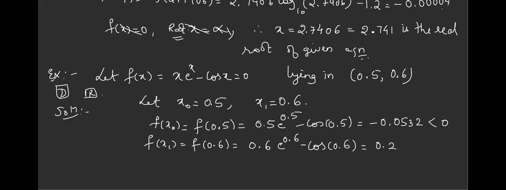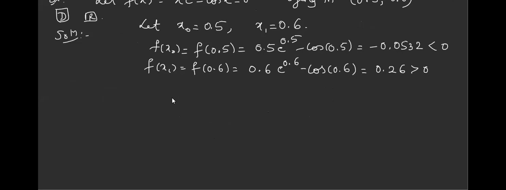Clear? If one is giving you negative, 100% the other one will give you positive. So I'll draw the line here. This is 0.5 and 0.6. 0.5 is negative, and 0.6 is positive. Only this much is enough.